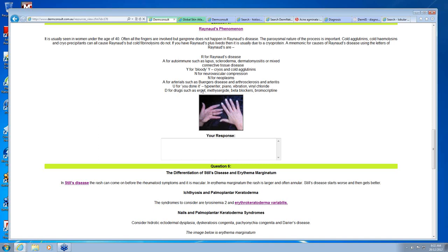You can acquire it from certain plants. Methysergide. I don't think we've got that around anymore. Beta blockers, certainly we use them a lot, and they can exacerbate Raynaud's. And bromocriptine, I think it's used in Parkinson's. So some drugs can cause Raynaud's as well.